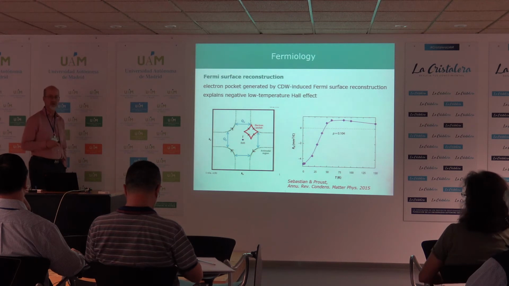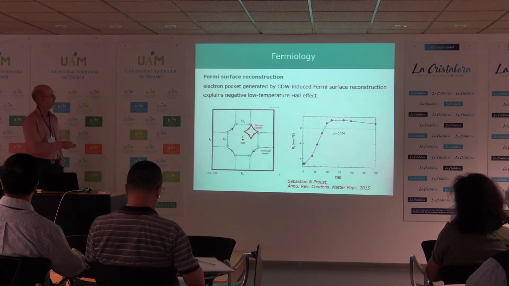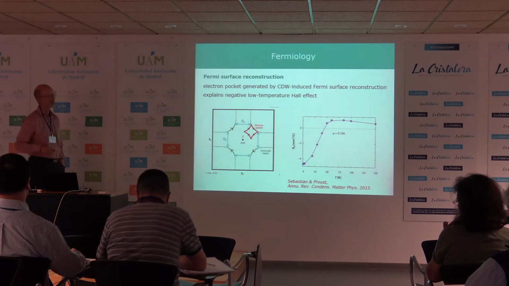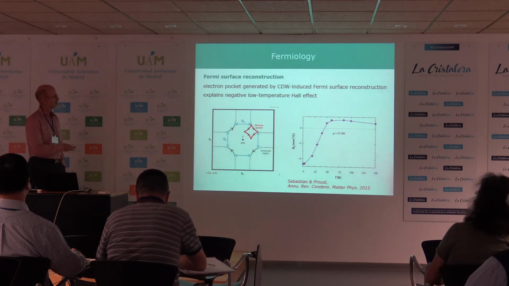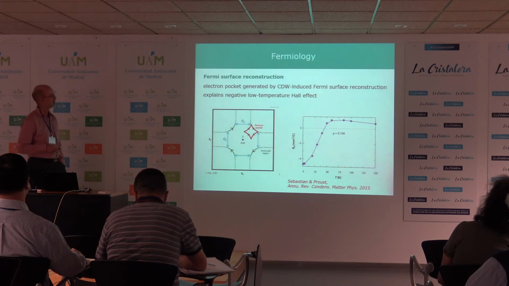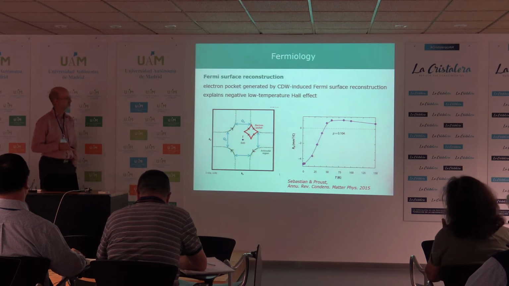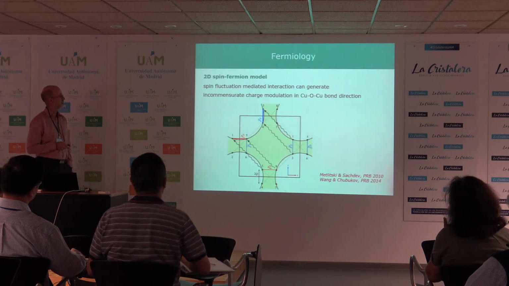You see these electron pockets in the quantum oscillations, and charge density wave reconstruction gives you electron pockets of roughly the right size, as he and Suchitra Sebastian have shown. And of course, they also explain why the Hall effect is negative in these hole-doped cuprates at low temperatures.